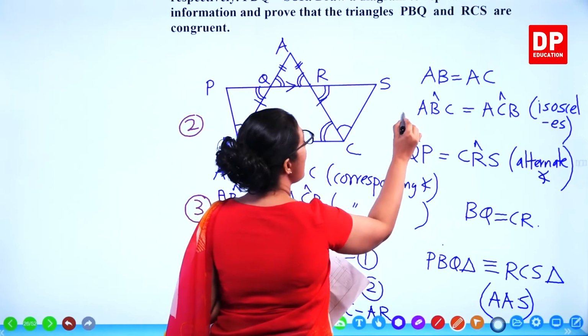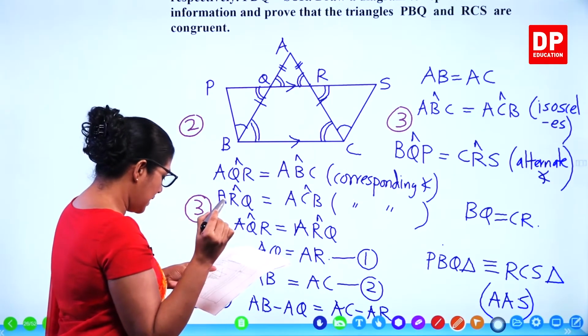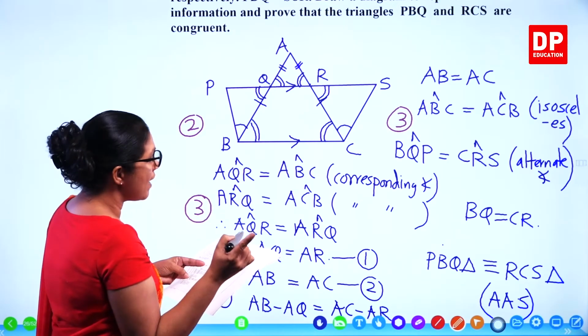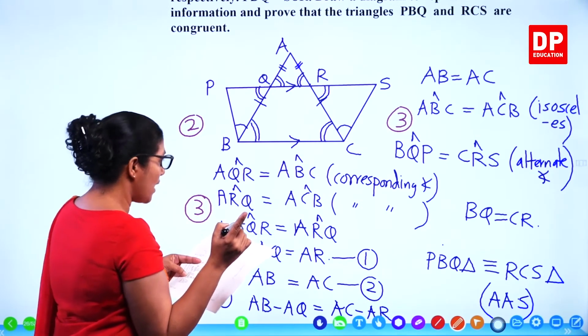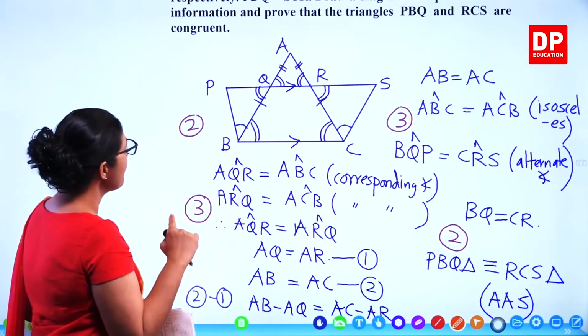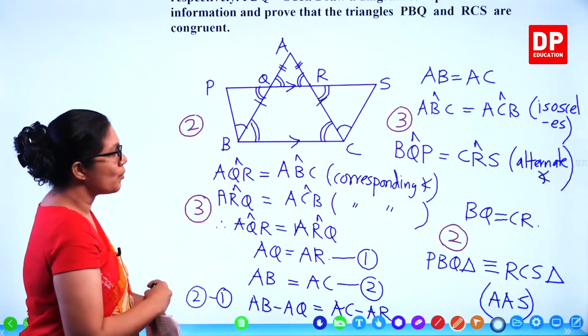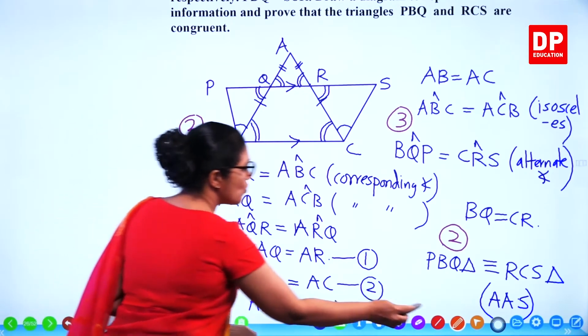And finally, showing the two triangles are congruent, you get 2 marks. Just see whether you get 10 marks there. 3, 3, 6 and 4, 10 marks for the whole question. So let's do the next one.